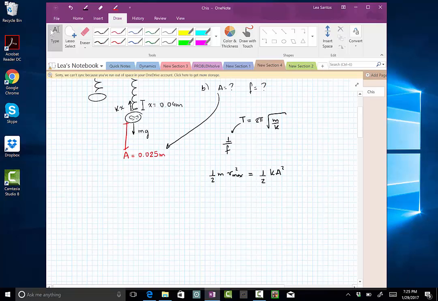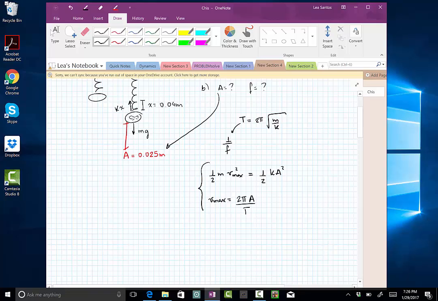And use also that analogy that we made between this simple harmonic motion done by a spring and the uniform circular motion. From that analogy, we said that the maximum speed is equal to 2 pi, the radius becomes the amplitude, divided by the period.